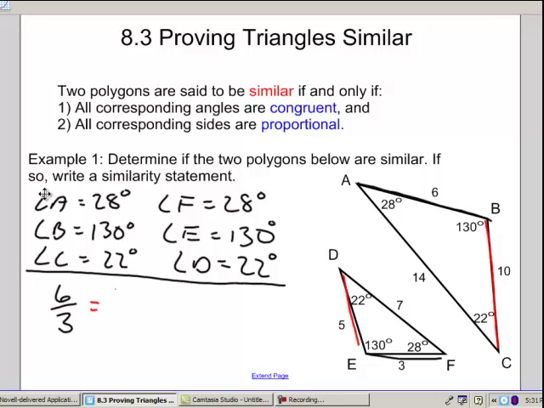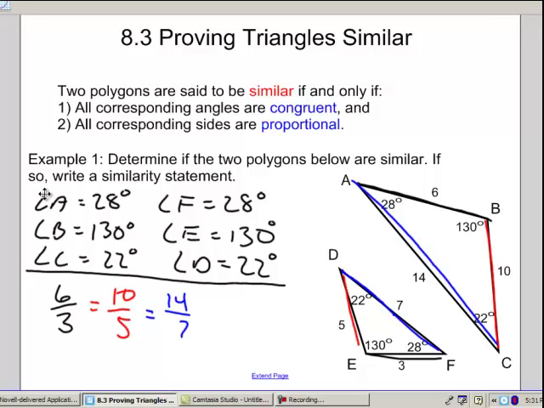So would that be equal to 10 to 5? And then finally, AC, which goes between the 28 and 22, would have to correspond with DF, which goes between the 28 and 22. And so hopefully we would find out that all these proportions were the same.